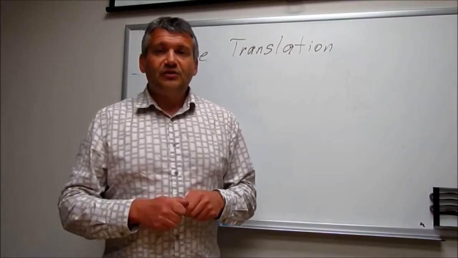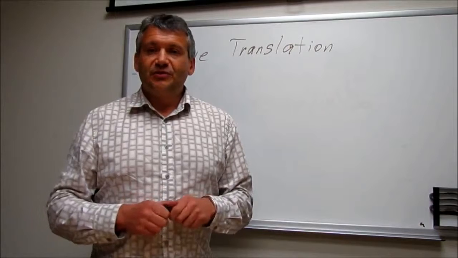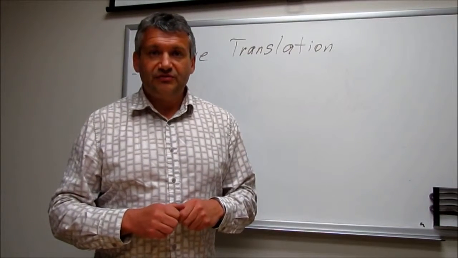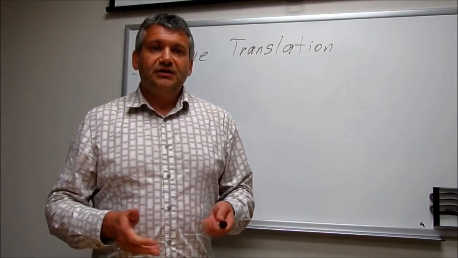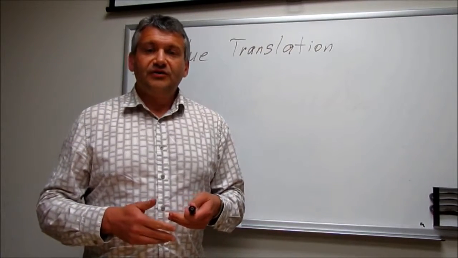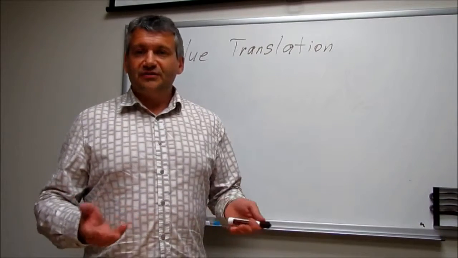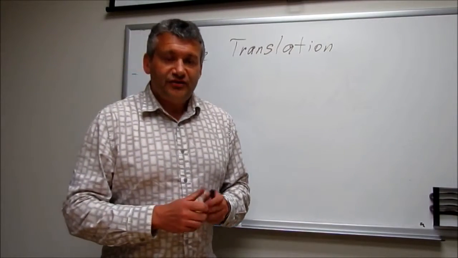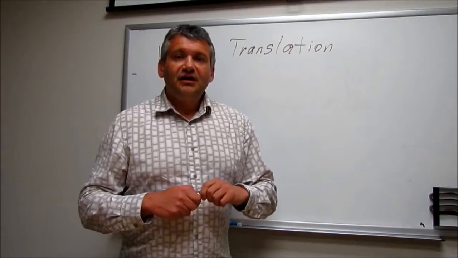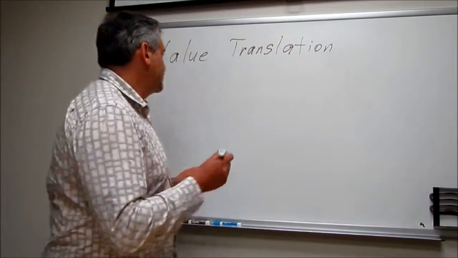Now, another thing. Let's talk about what could be different types or different cases of value translation. Now we learned only a very simple type of value translation, when it's multiplication by a number or division by a number. And this is the first and simplest type of value translation.